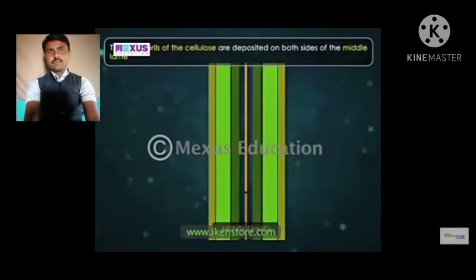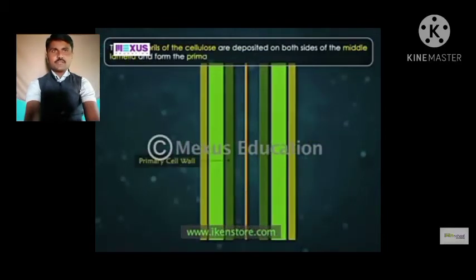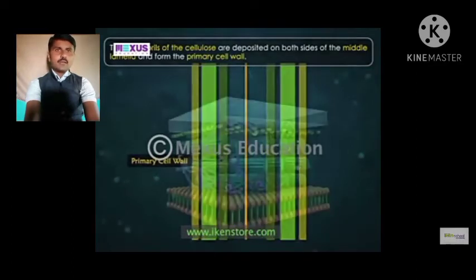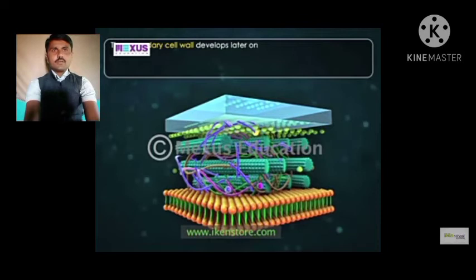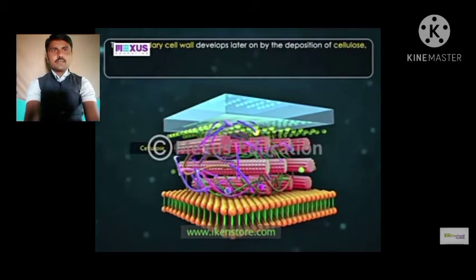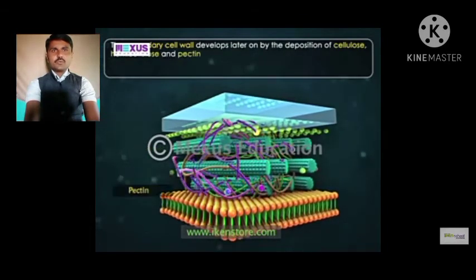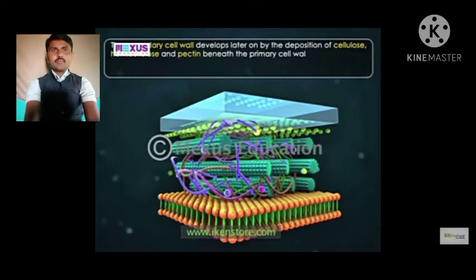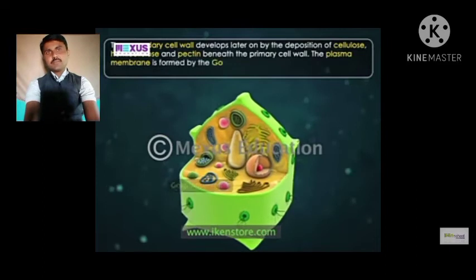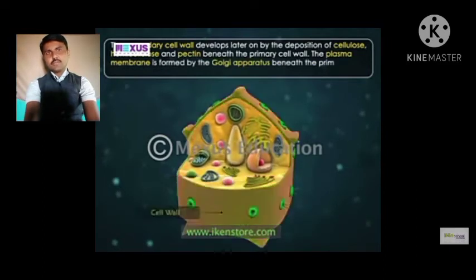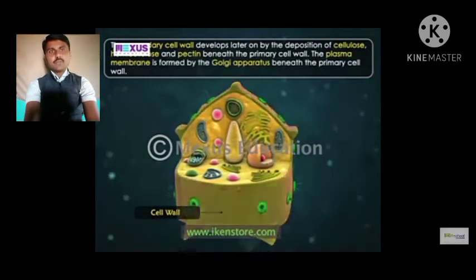Fibrils of cellulose are deposited on both sides of the middle lamella from the primary cell wall. The cell wall develops later on by the deposits of cellulose and pectin. The plasma membrane is formed by the Golgi apparatus beneath the primary wall.